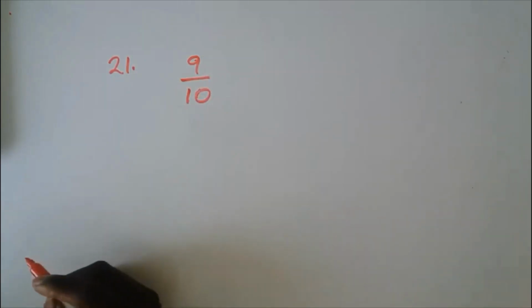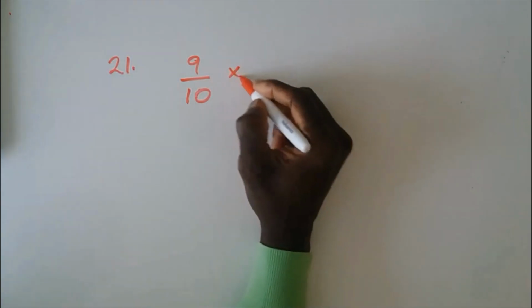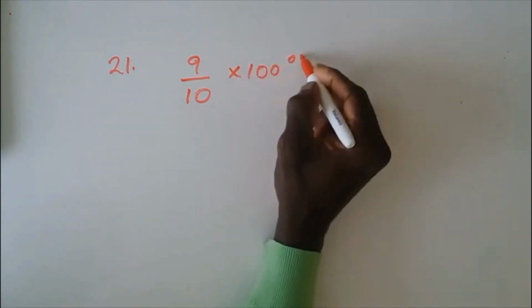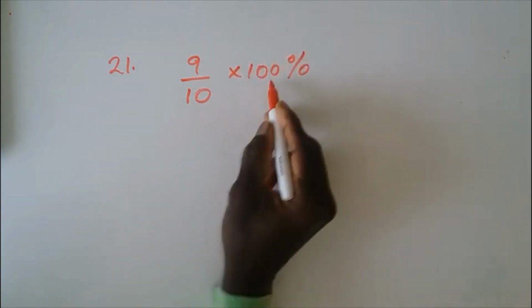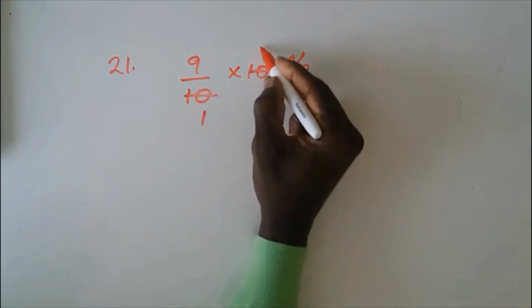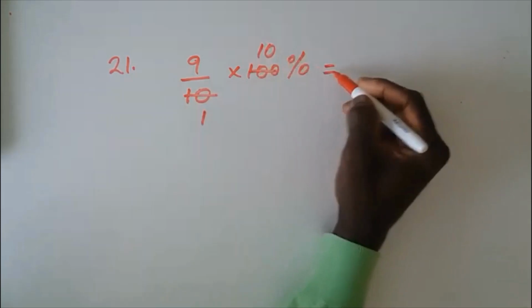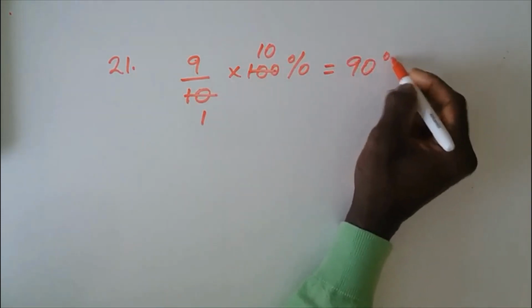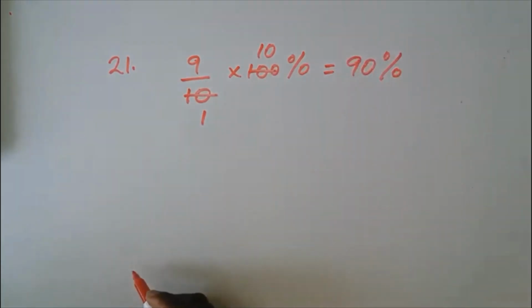To convert this fraction to a percentage, we multiply by 100%. We divide in this direction by 10. 10 into 10 is 1. 10 into 100 is 10. 10 nines, 90%. So Danny answered 90% of the questions correctly.